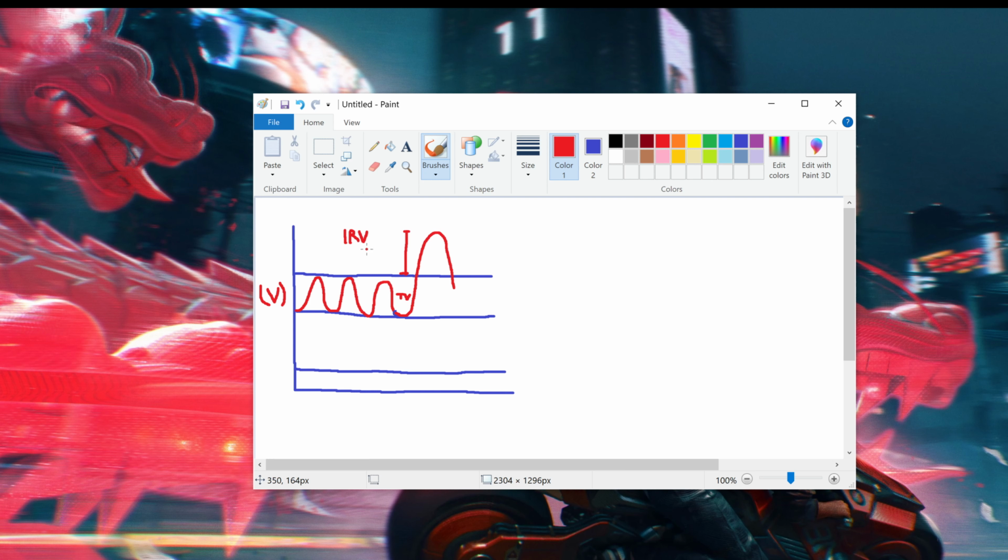Now, what is expiratory reserve volume? There it is. Expiratory reserve volume goes like this. This is this lower part of the graph. I should actually extend the lines.